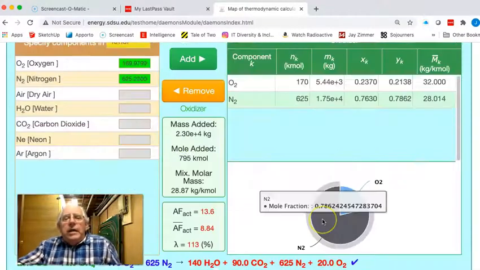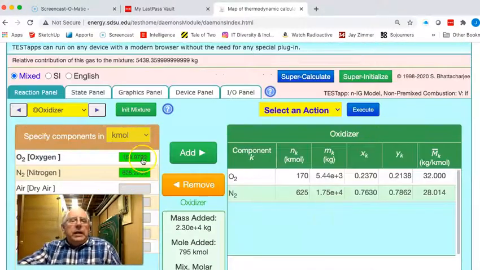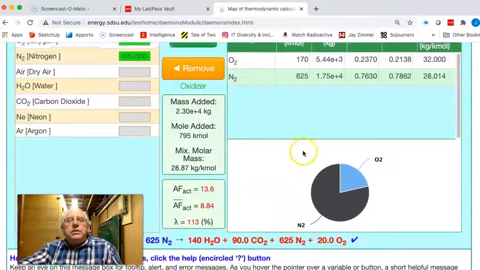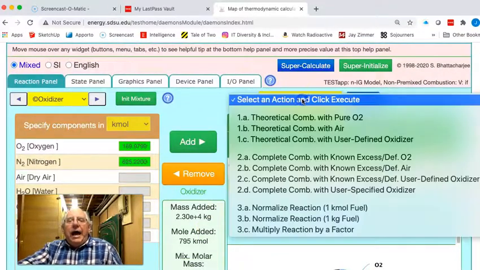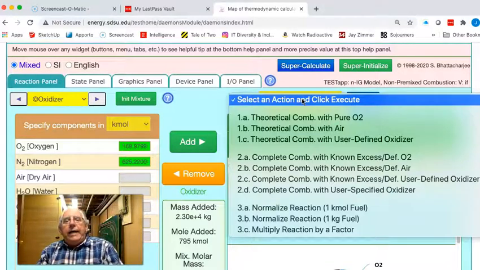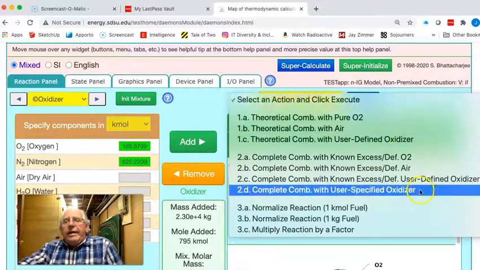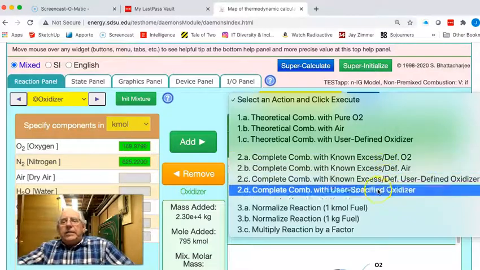So this was a little bit of a tough problem, and I used this problem to highlight what can be done in these tasks. We can do theoretical combustion, whether we're using air or pure oxygen, theoretical combustion with user-defined oxidizer, or we can add deficits or excesses.